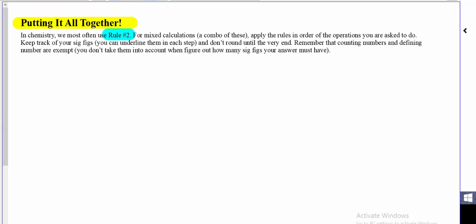For mixed calculations, where you have some combination of adding, subtracting, multiplying, and dividing, you need to remember to apply the rules in order of the operations that you are asked to do.